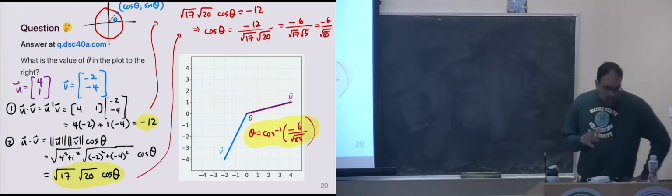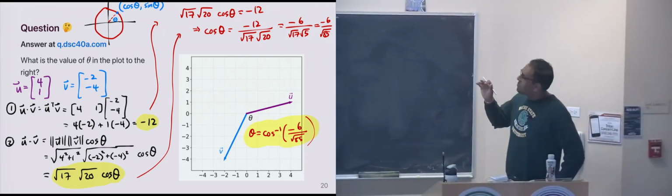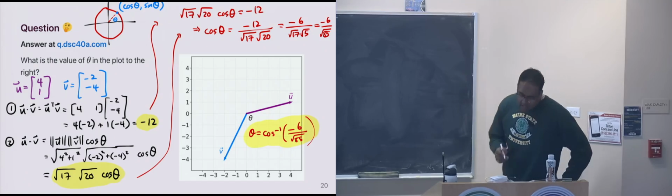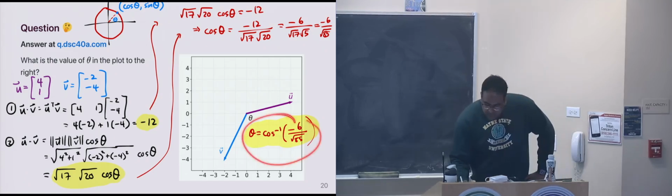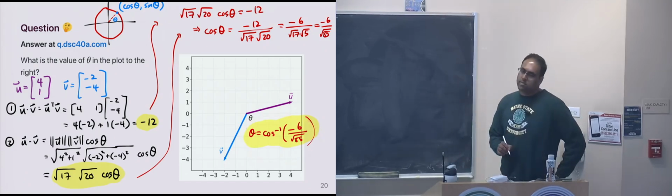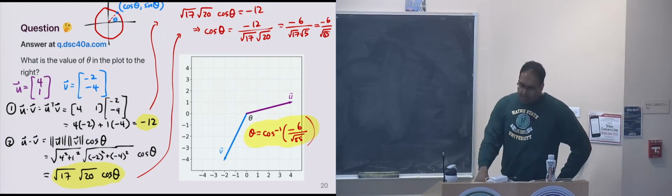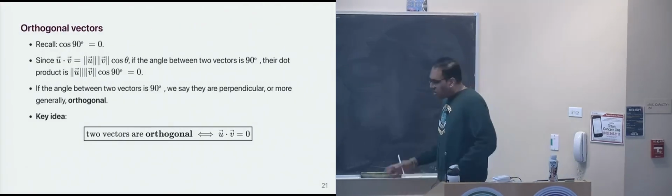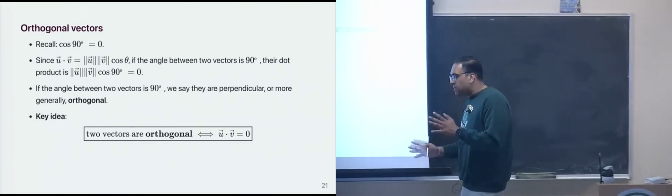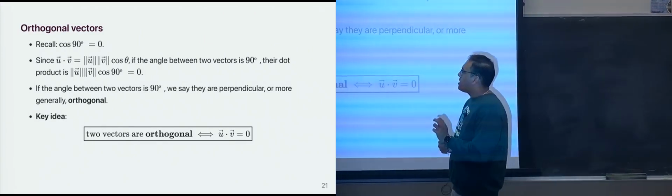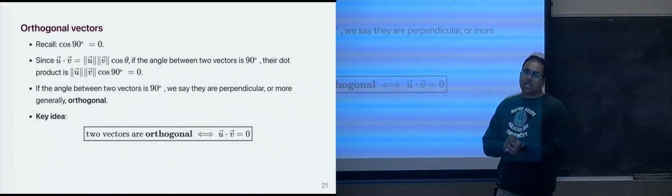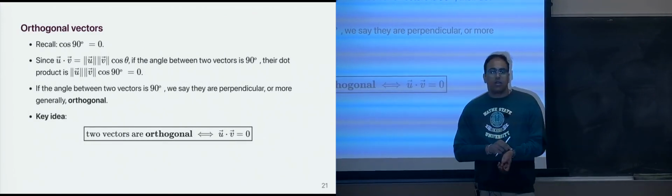So anyways, all of that was to say I could tell the angle between the two vectors was going to be greater than 90 degrees by virtue of its cosine being negative. Now, the cosine of the angle being positive or negative is not as important as knowing that the cosine of the angle is 0.